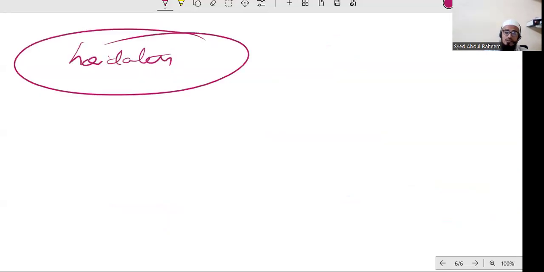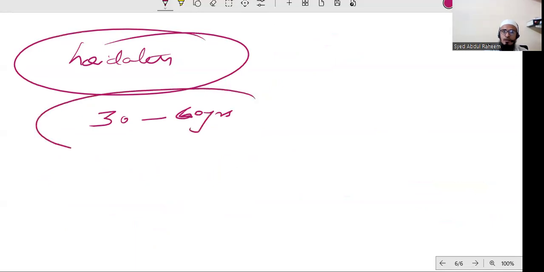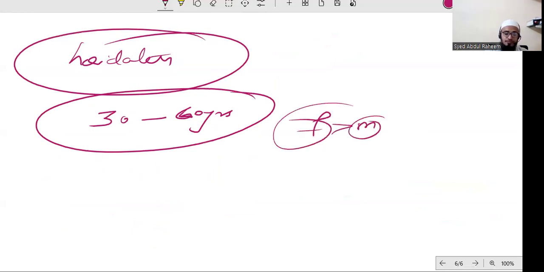Mostly it is seen between 30 to 60 years of age, and the female ratio is higher than male. So what are the symptoms?